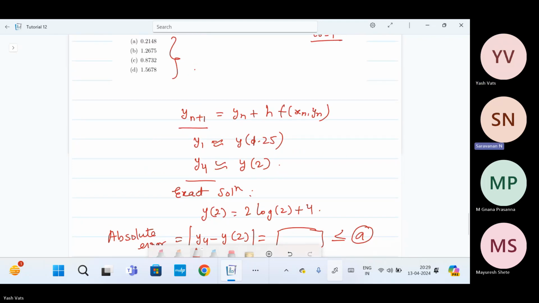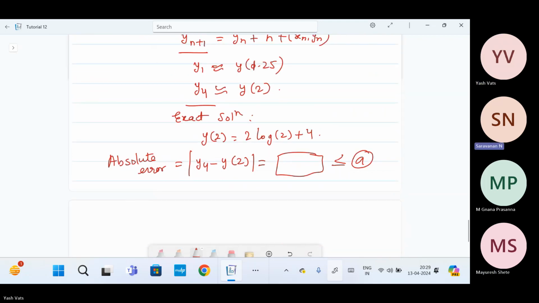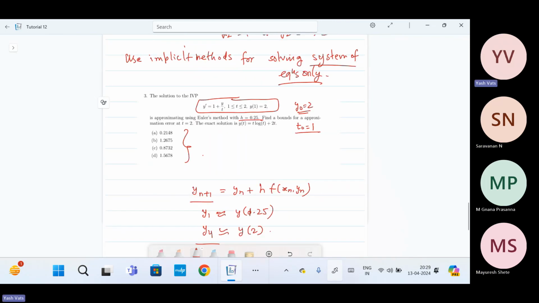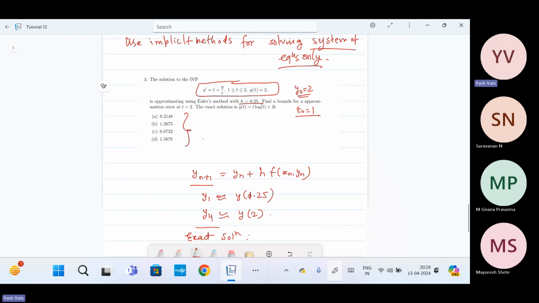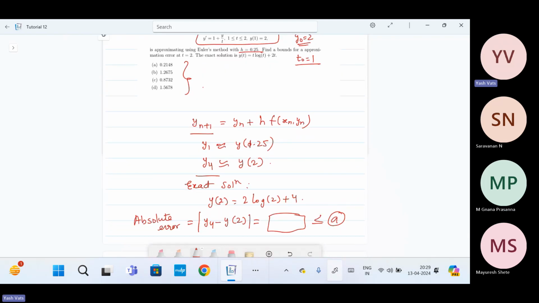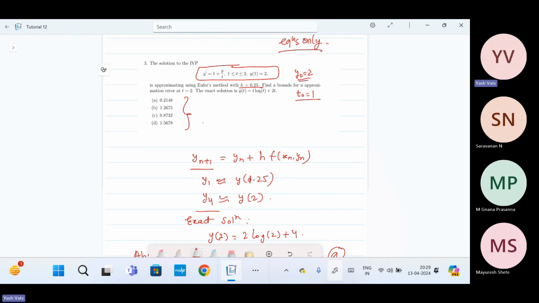Can you please repeat again? I just missed it from the beginning. Yeah, this question is about the error. Find the bounds for approximation error at t equal to 2, right? Then how can you do that?